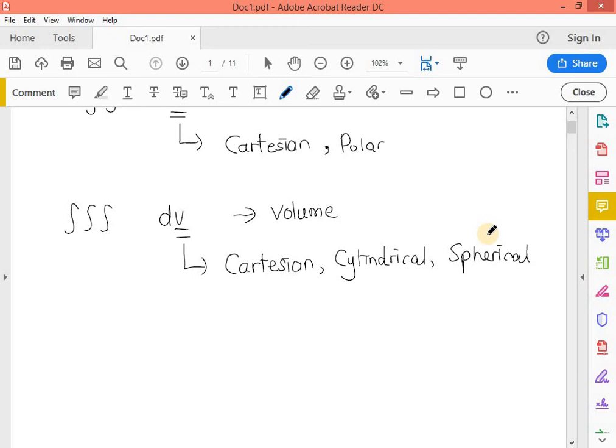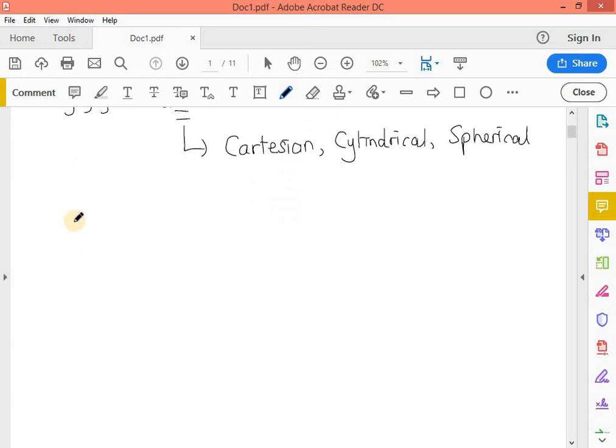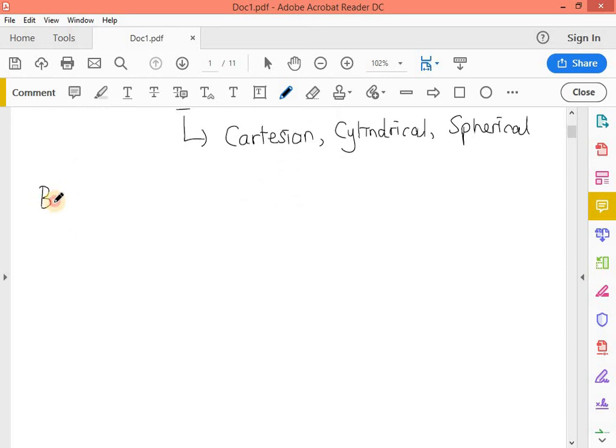Okay, if you didn't find the rules for integration, please find them because you will use them extensively in this chapter. Okay, so let's go back to the basics of integration.